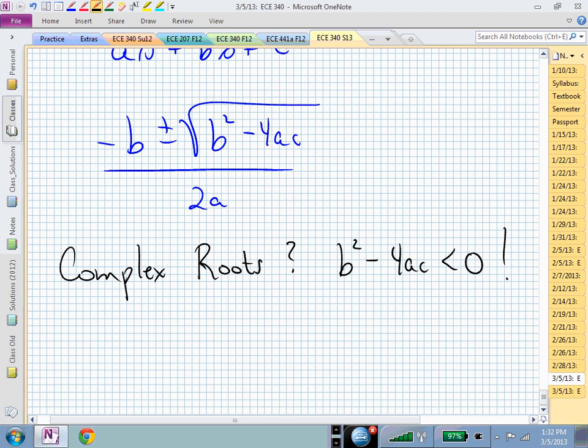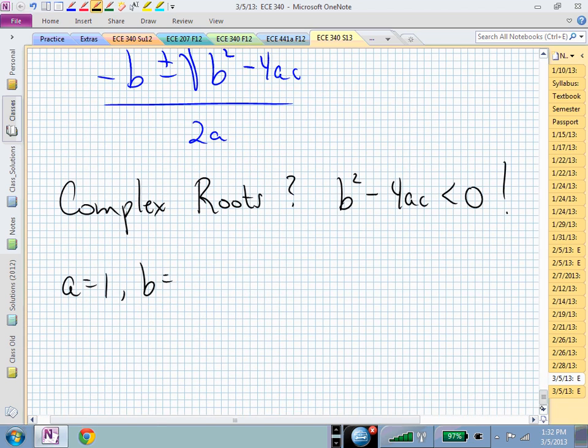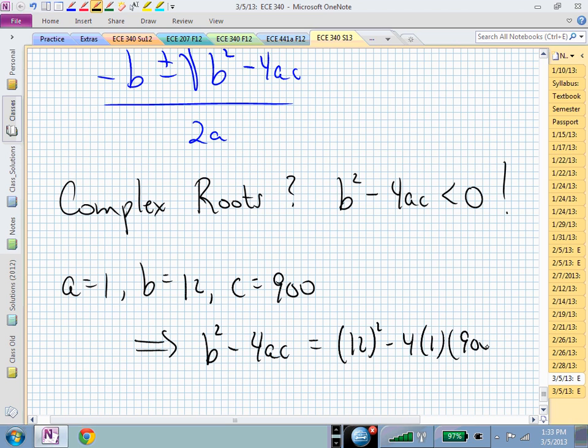For this example, we have a equal 1, b equal 12, and c equal 900, where we now have b squared minus 4ac, which is something that's negative. So this is actually going to be complex roots, right?